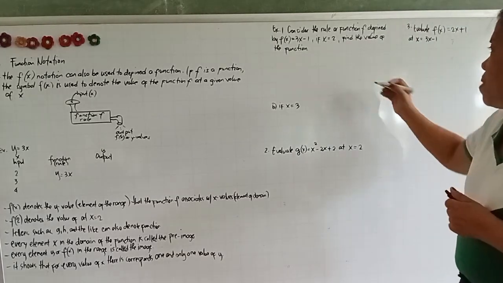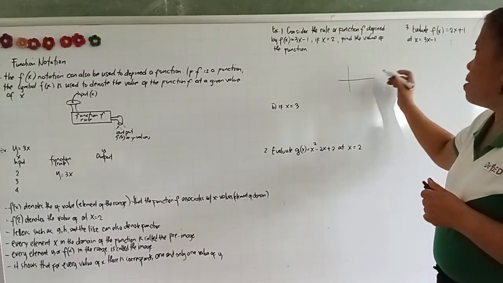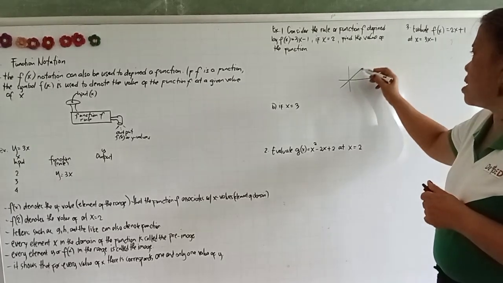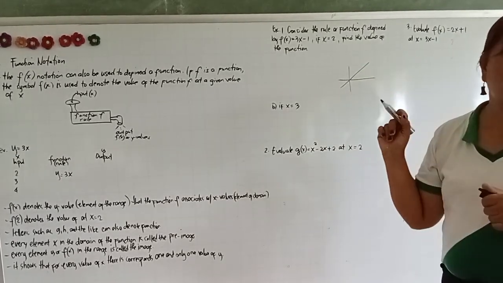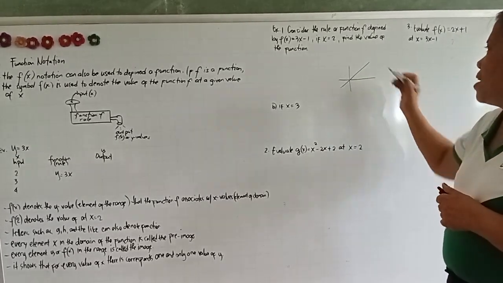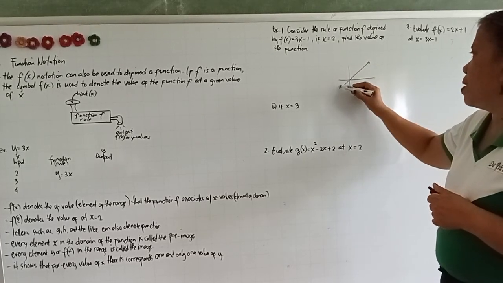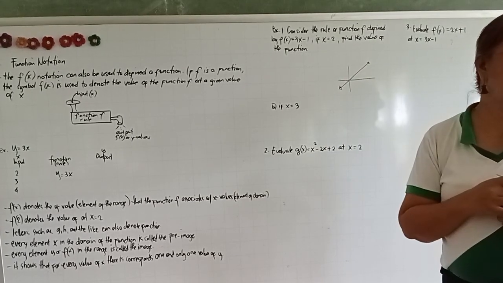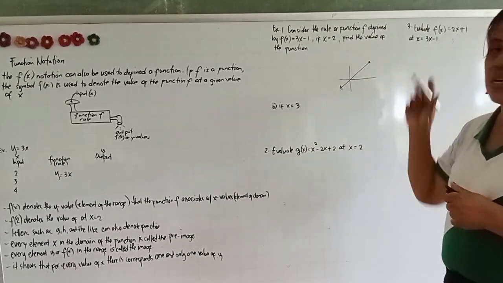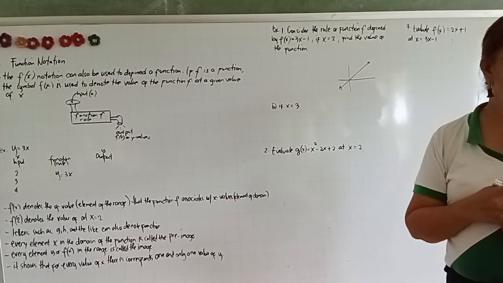For example, in a graph. This is the graph, a linear function. How will you determine if this graph is a function?